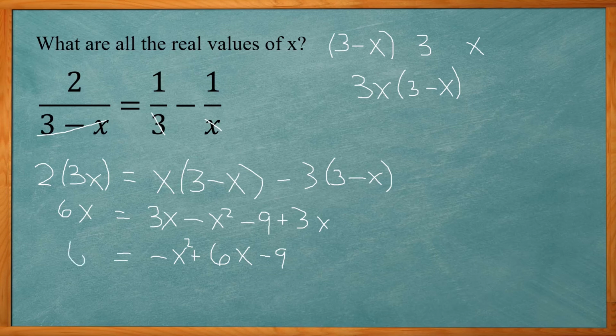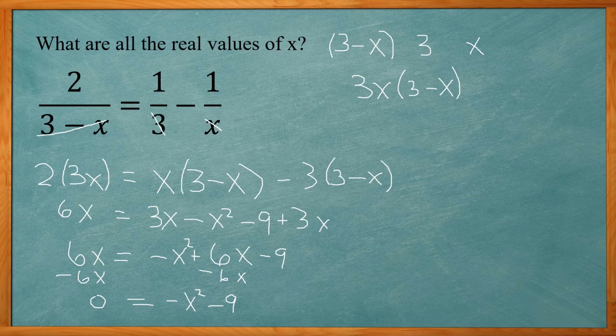I bring down the 6x. I want to move the 6x to the other side, so I'm going to subtract 6x from both sides. So I'm left with 0 equals negative x squared minus 9.